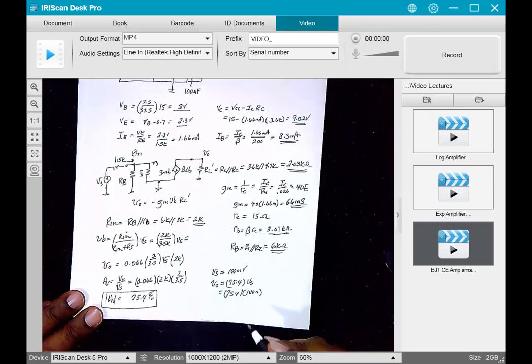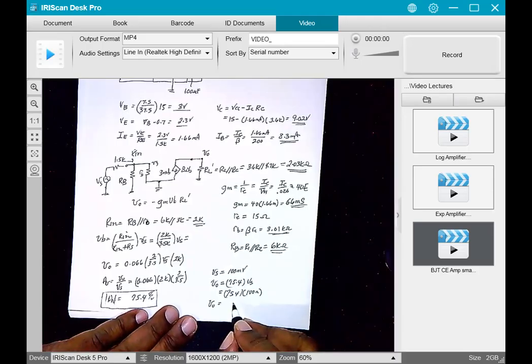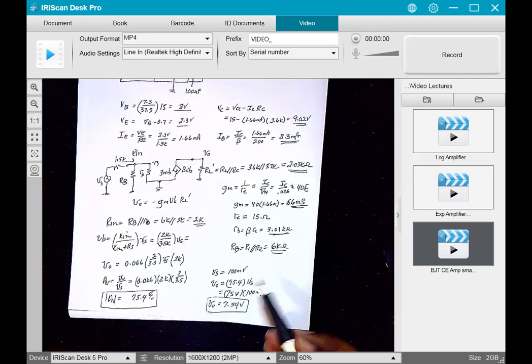Well, 100 milli is 0.1, so I think I can do this in my head. So then my output swing would be 7.54 volts. So I put 100 millivolts in, I get 7.54 volts out.